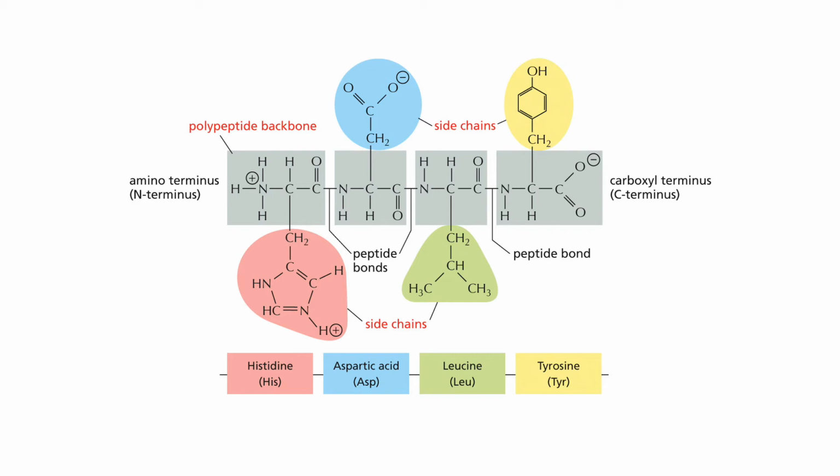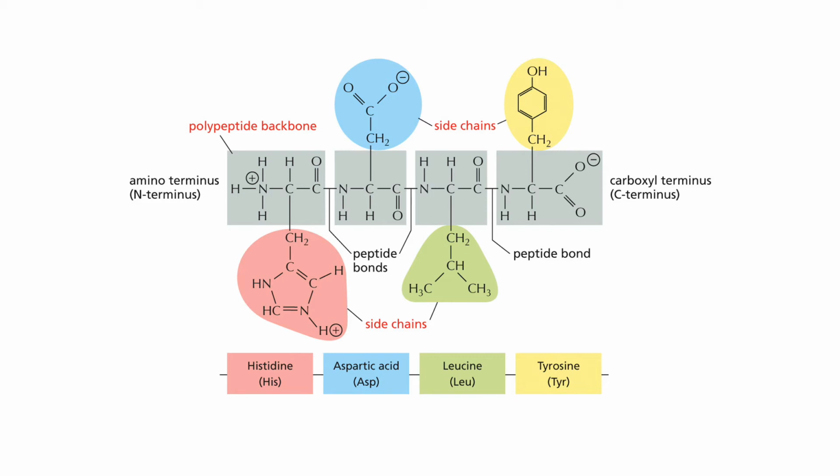So here's another drawing that just kind of shows a similar thing. This has 4 R groups. You see the amino terminus, a carboxy terminus, what they call the peptide backbone with the peptide bonds illustrated. And there are 4 R groups, or sometimes called side chains: histidine, aspartic acid, notice that it's charged, leucine, and tyrosine.